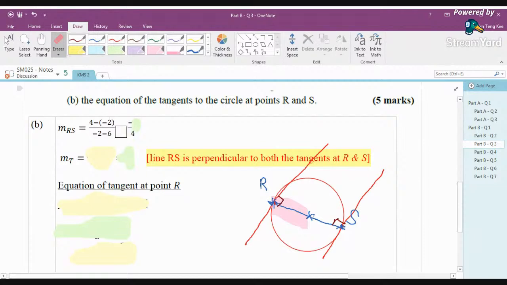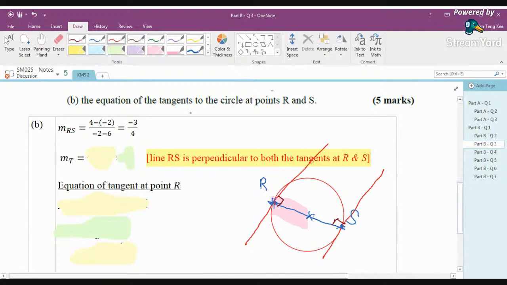The gradient of RS we can calculate as follows: using the difference of the y coordinates for R and S, divided by the difference of the x coordinates for R and S. I divide them and get -3/4. From there, I find the equation of my tangents.